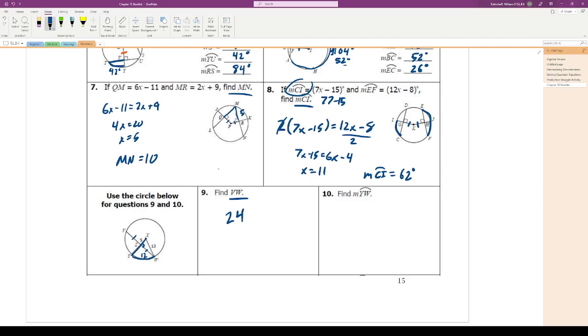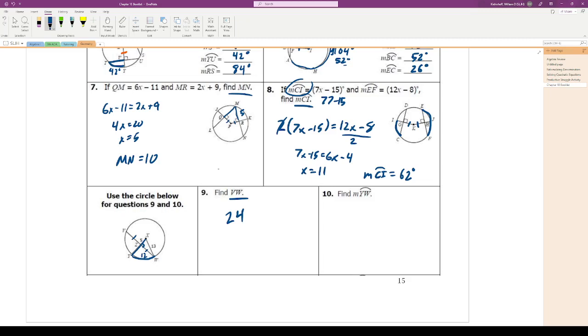What do we know for that? We know that it's going to be half of VW. So we're going... I don't see a way to solve this without trig. If there is one, I'm missing it.